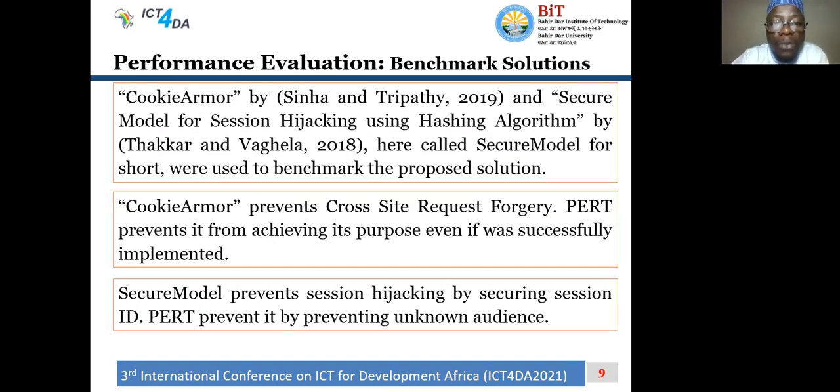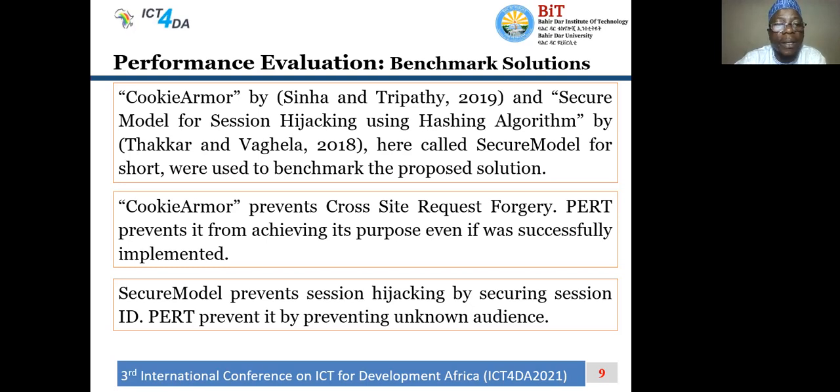We compare our solution with OKAMO proposed by Triparty 2019, and also the solution titled Secure Model for Session Hijacking using Hashing Algorithm proposed by Tucker and Fagel 2018. Here we call the solution of Tucker and Fagel 2018 Secure Model.